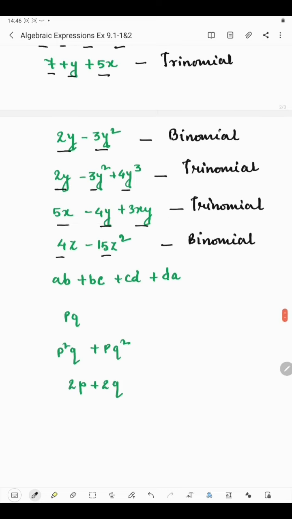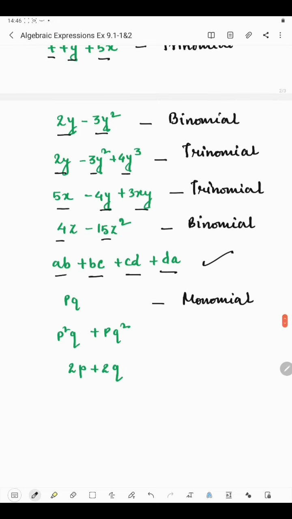Now in the next we have AB plus BC plus CD plus DA. So in this expression we have four terms. And this does not come under binomial, monomial or trinomial. Okay, so this does not fit under these categories. Now PQ has one term, so it is monomial.